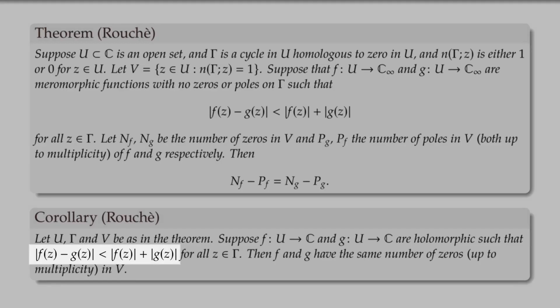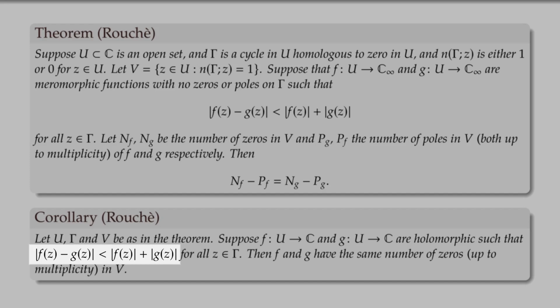Now, over here, notice that we didn't say that there are no zeros on gamma, and it's fine, because if there are, this cannot be satisfied.